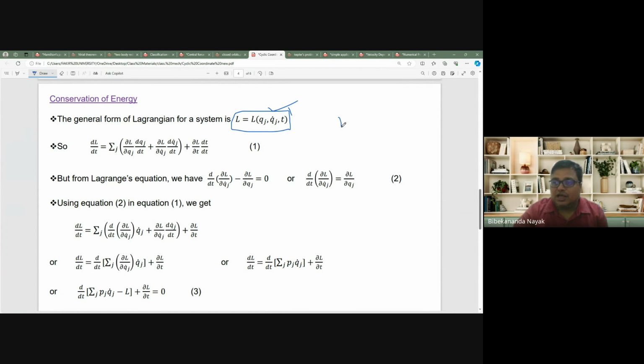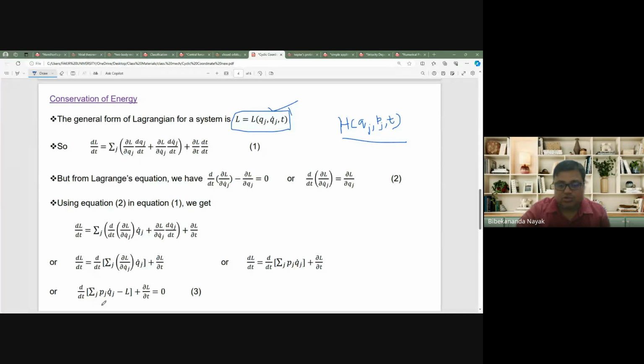But the Hamiltonian is derived in phase space, and phase space coordinates are Qj, Pj, t, with no Q dot. So it is a function of Qj, Pj, t. If asked to write the Hamiltonian, you have to convert all Qj dot to Pj.